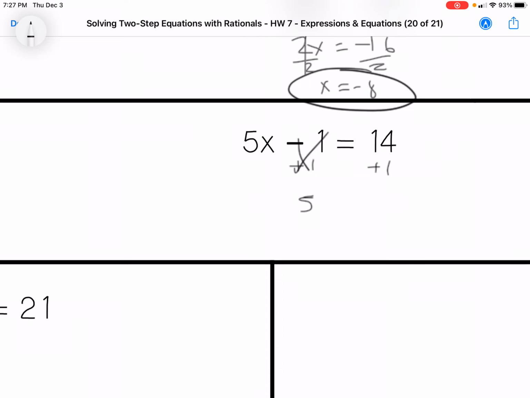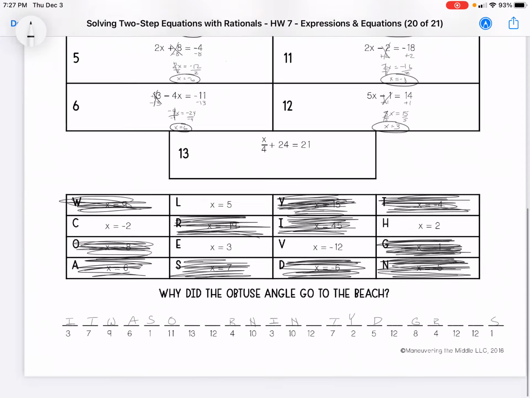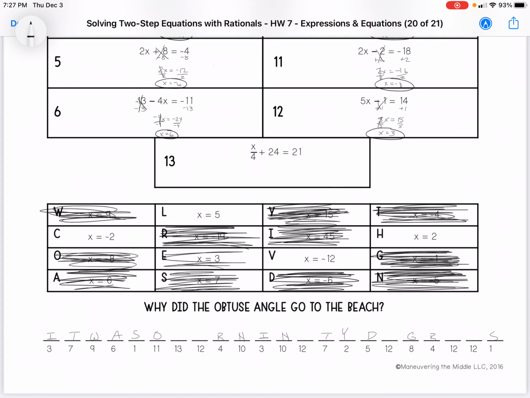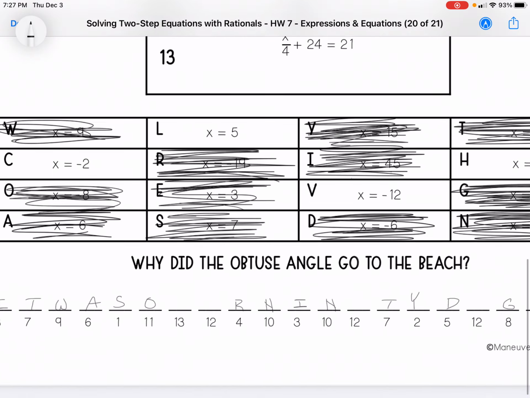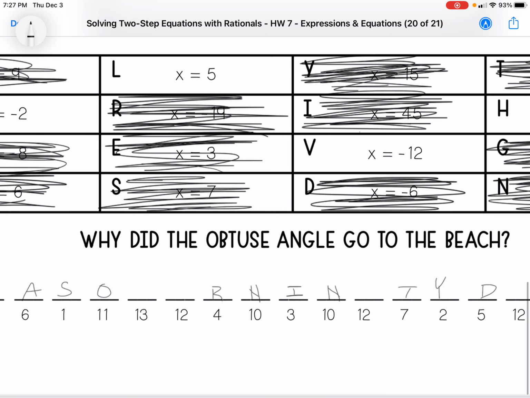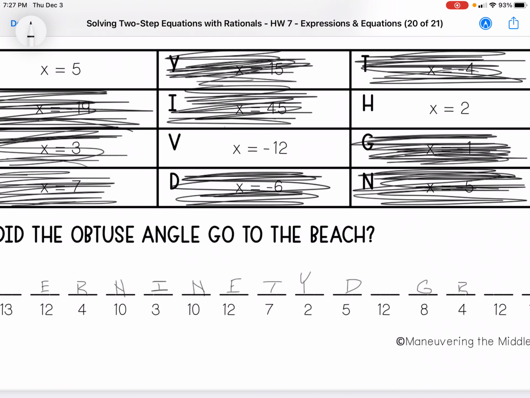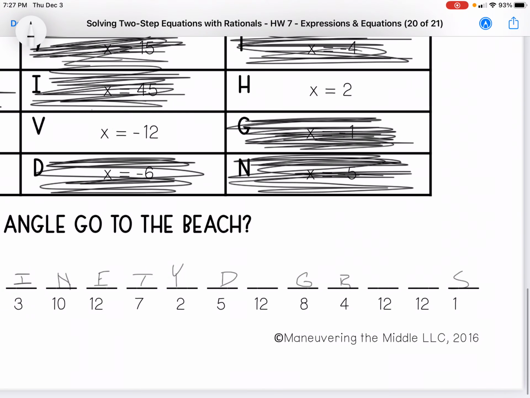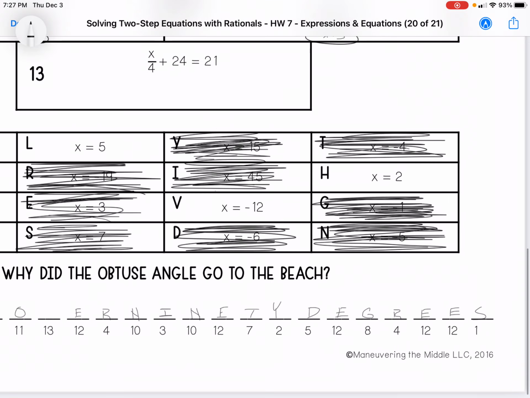Those go away. I'm left with 5x equals 15. Divide by 5. X is going to be 3, which is E. So number 12 is E. There's a lot of those. I want to buy a vowel, E.